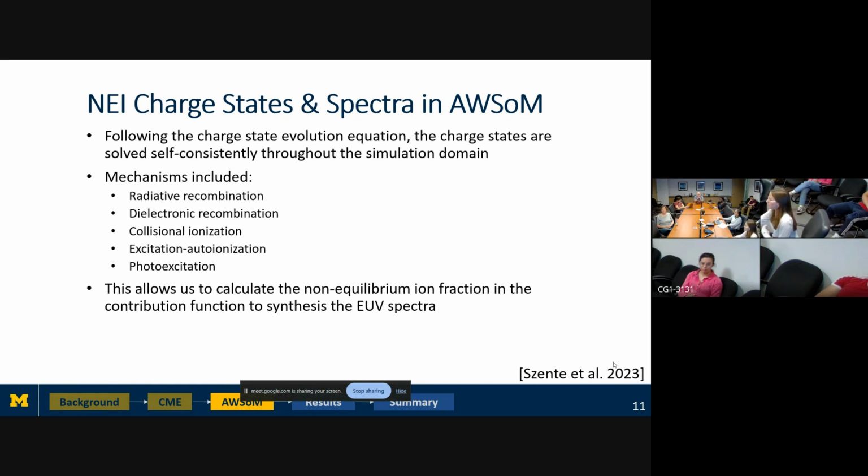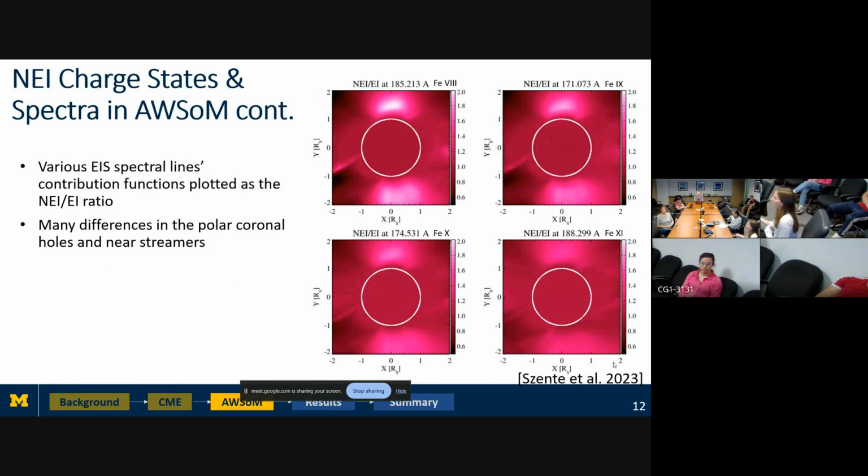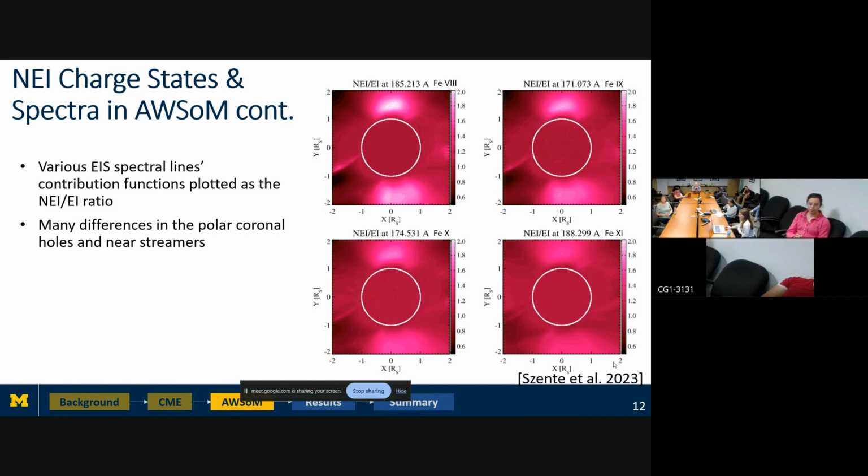And this is particularly important because when we actually see what the differences are, so here is the ratio of our non-equilibrium to equilibrium ionization contribution functions for multiple EIS spectral lines. So here we have Fe VIII, the 185, Fe IX, the 171, Fe X, 174, and the Fe XI, 182.29 lines.